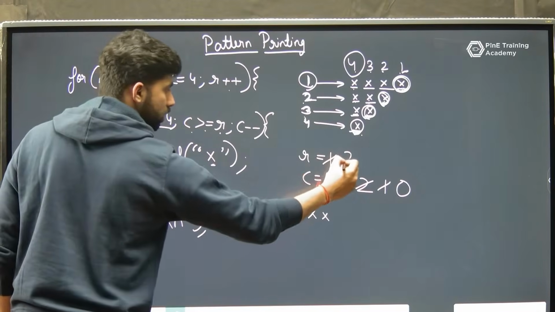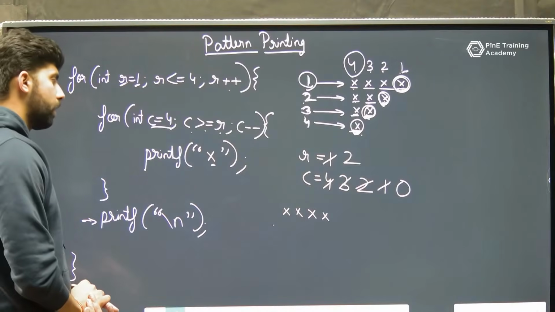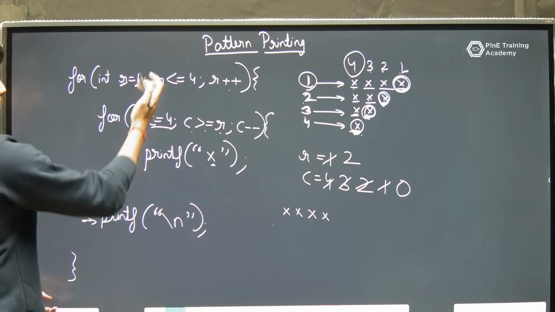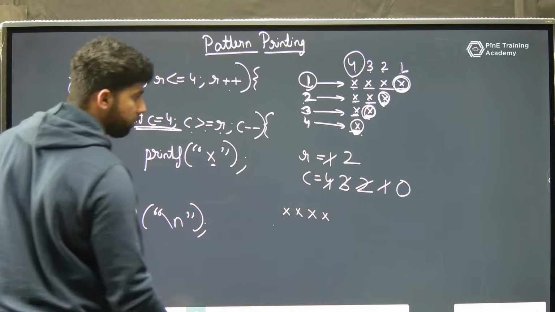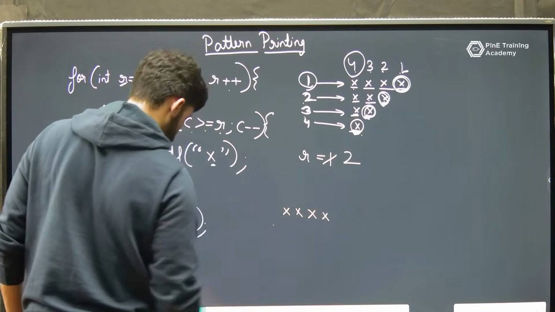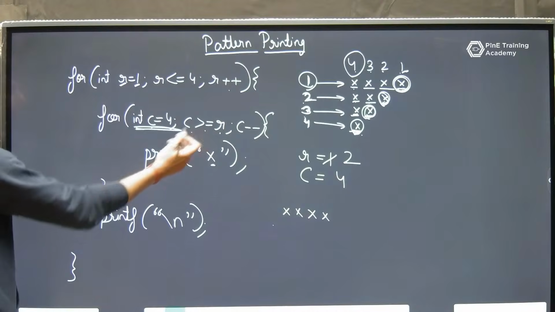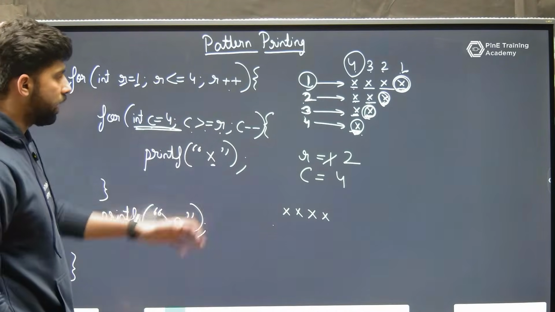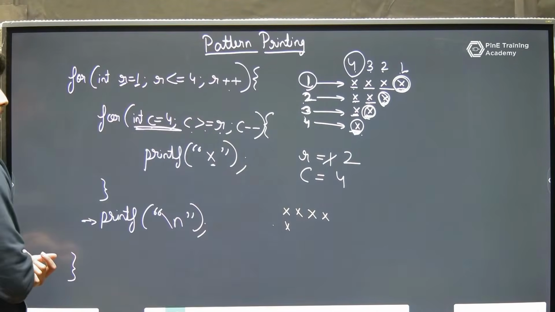That means our variable is here. Okay. Now we will again come to this part. That means we will again start from c equals to 4. So I will rub all of this and I will start from c equals to 4. The condition will be evaluated. 4 is greater than equal to 2. It is true. And we will print x.